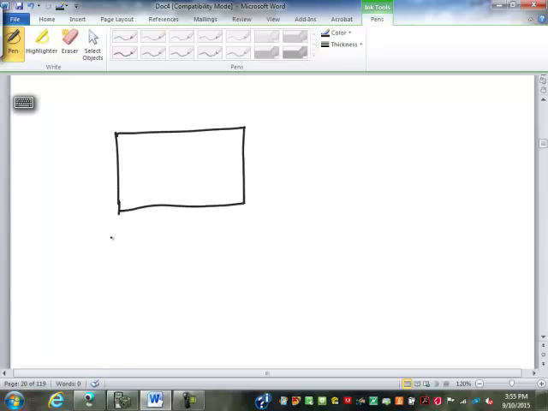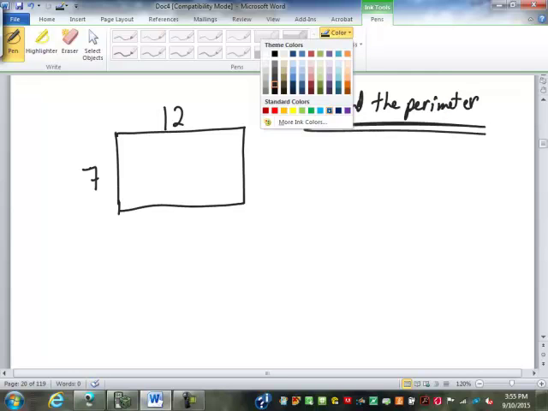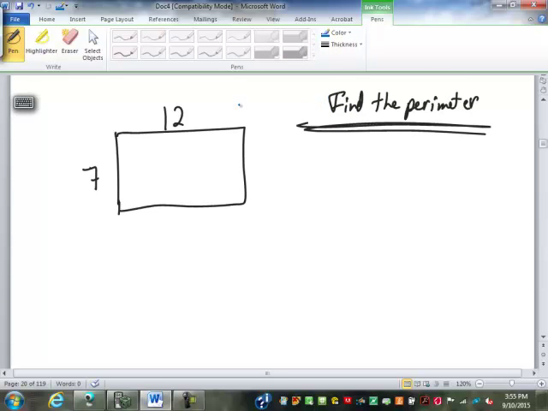Well, a little bit of a review from last class. If I asked you to find the perimeter of this rectangle, what would I do? Well, I could do 7 plus 12 plus 7 plus 12 if I really wanted to, couldn't I?